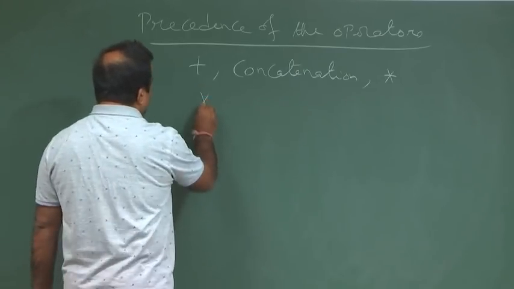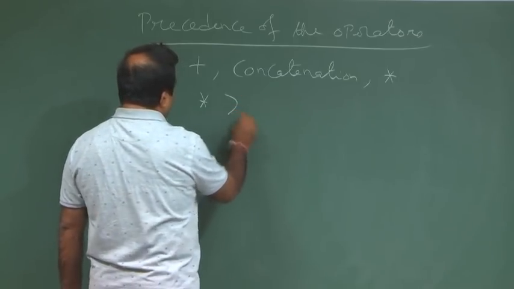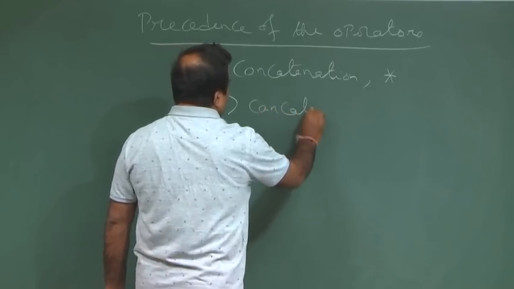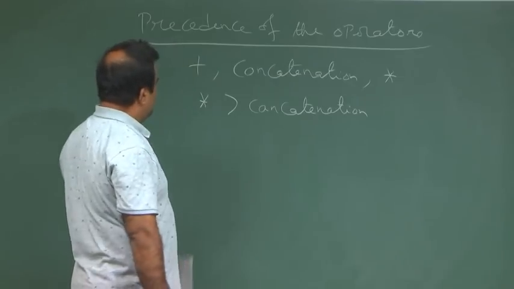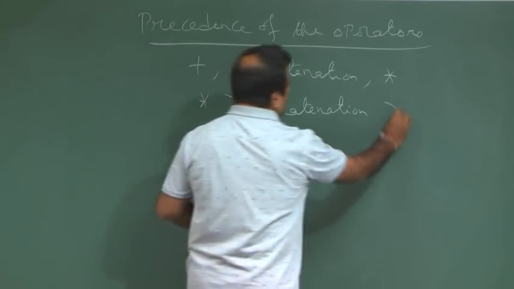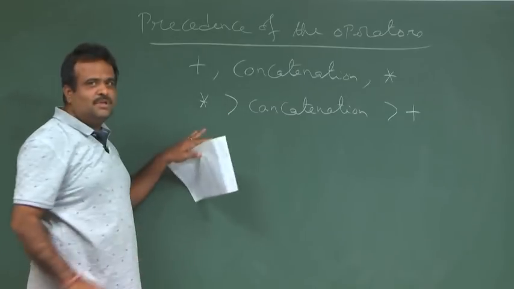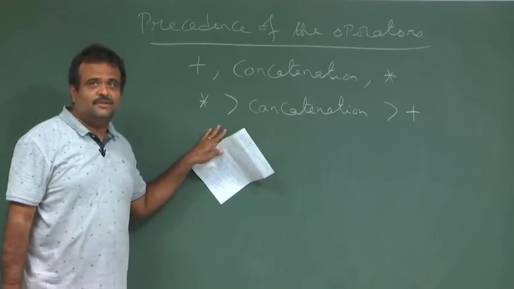So, star has higher precedence than the concatenation and also than the plus. Greater than here means greater precedence-wise, it is not the real number greater than. Okay.